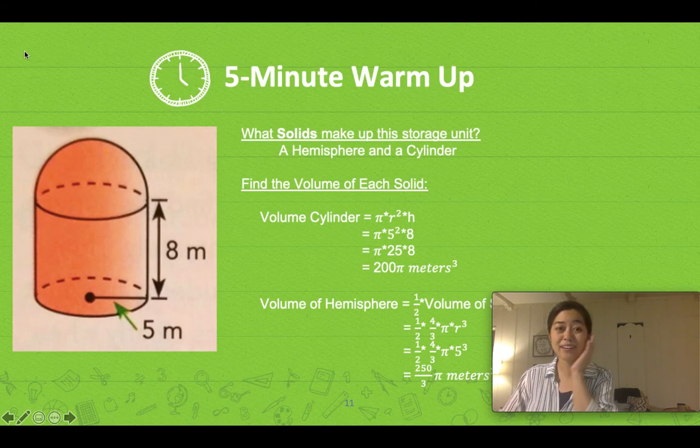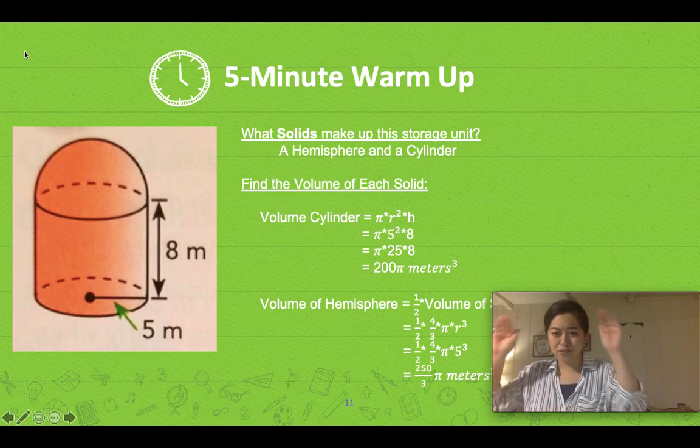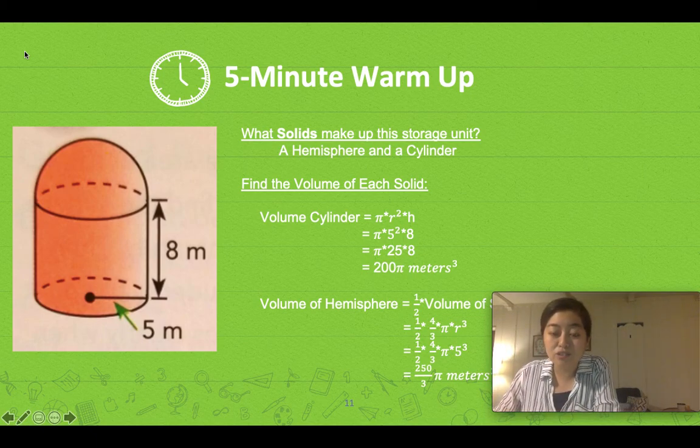Alrighty, welcome back. So for the volume of a cylinder, I kept my answer with pi in it. I got 200 pi cubic meters. And then for the volume of the hemisphere, I got 250 thirds pi. And then behind my little video screen says cubic meters as well.